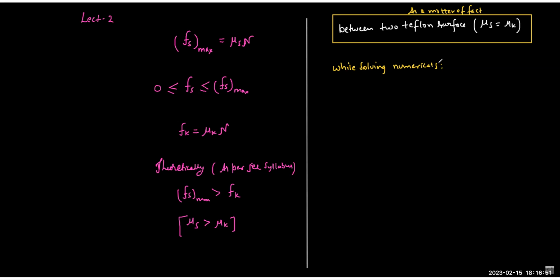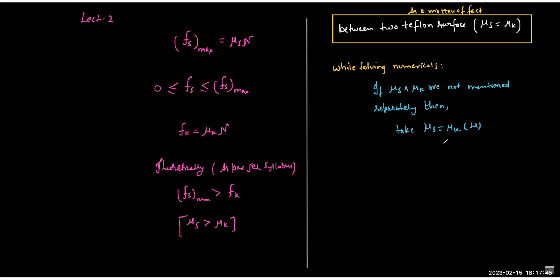When you're solving numericals, and the coefficient of friction is given as mu, so if they do not mention the two distinct values, mu s and mu k respectively, then take mu s and mu k both as equal.